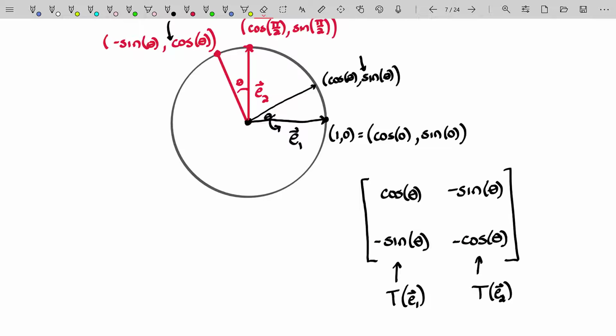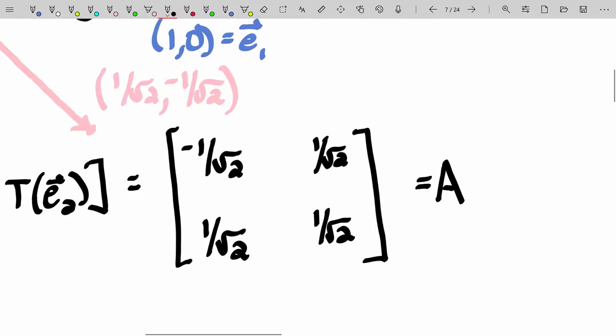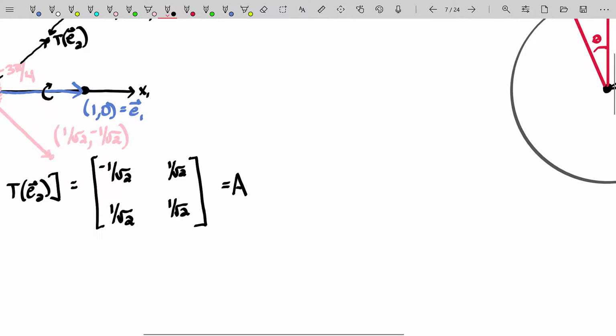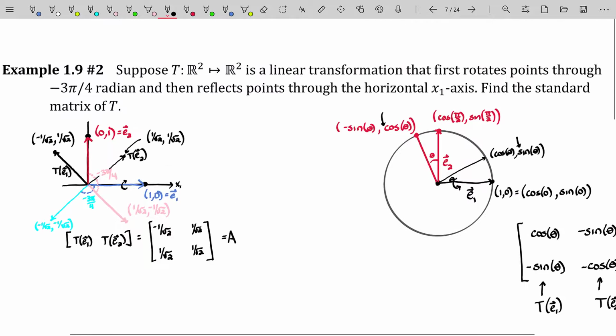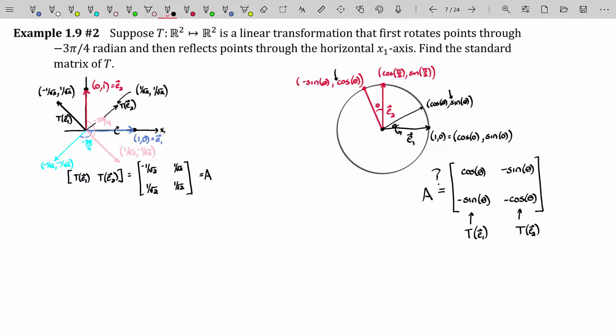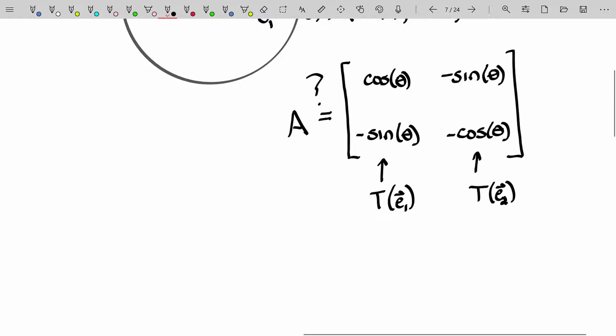Now you could test this out by plugging in, because we know what we want our transformation to do. We want the standard matrix to be this guy right here. So let's go ahead and see if we had plugged in a rotation of negative 3 pi over 4 radians into this. We want to know, is that the standard matrix for this transformation? It's not until we plug in the theta. So let's go ahead and plug in the theta and see what happens.